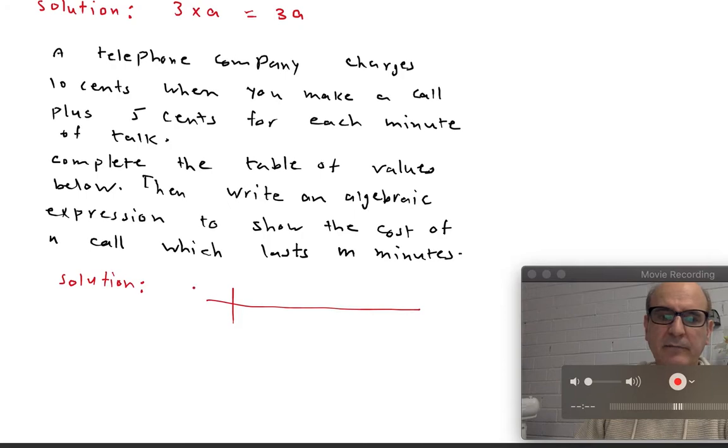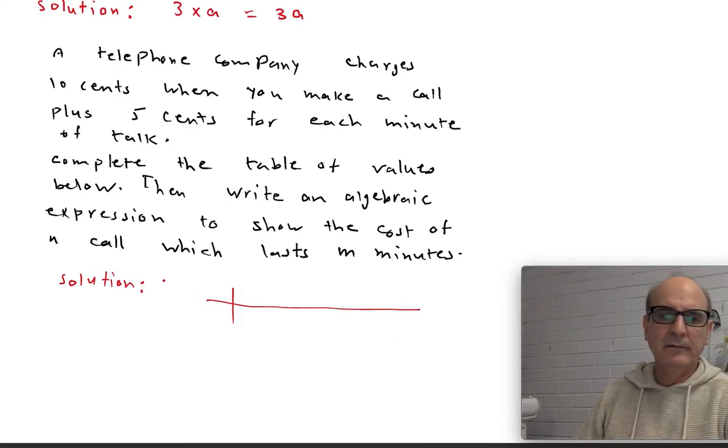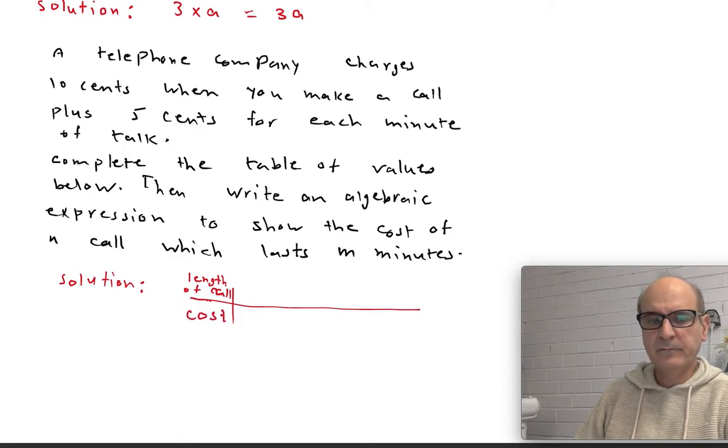This is the length of call at the top, and at the bottom, you have the cost. If you don't talk, you just start the call and you don't talk at all, 0. Then you talk for 1 minute, 2 minutes, 3 and 4 and so on. You go up to 4.